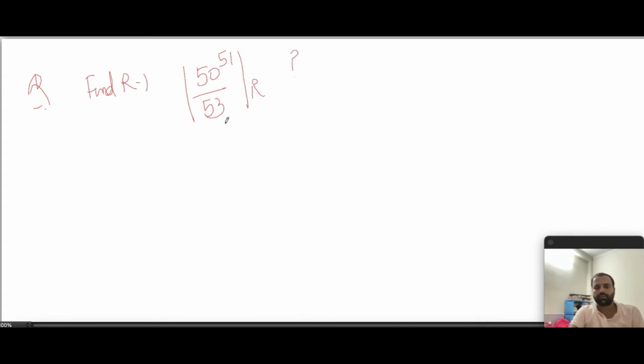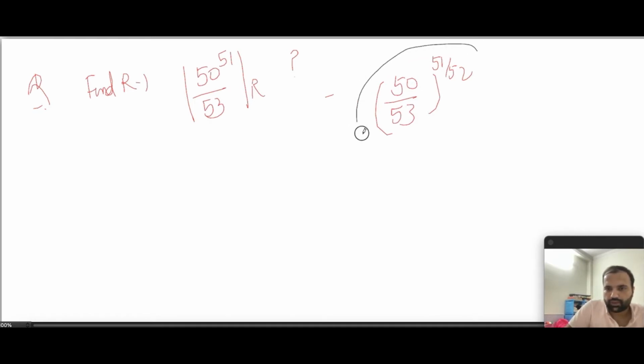Again, 53 is a prime number, so very simple, 50 by 53, 51 by 52, that's how it should be. But now we are in a fix, because this is not coming in the format of a whole number.